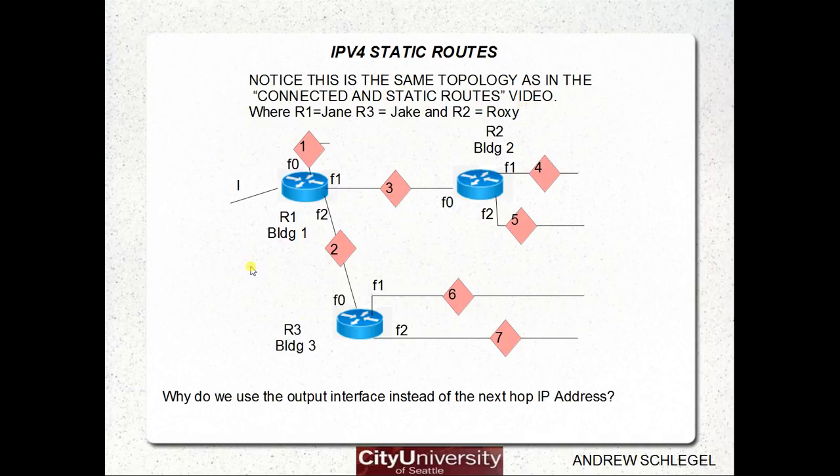So R1 equals Jane, R3 equals Jake, and R2 equals Roxy. It's a little different because there's only one network going off of it where he had 3, and there's only 2 here where he had 3, and only 2 here where he had 3. But basically, it's very similar to that one I gave you a video of.